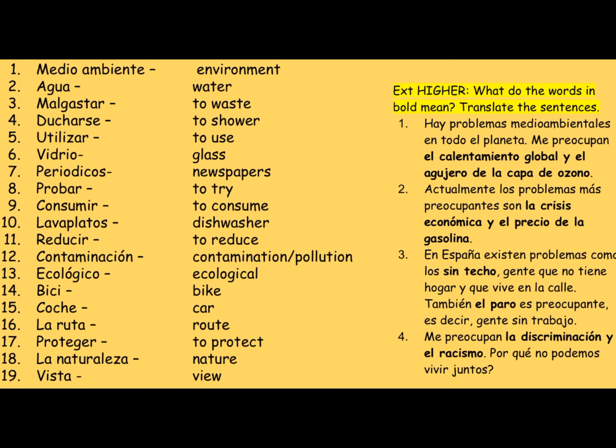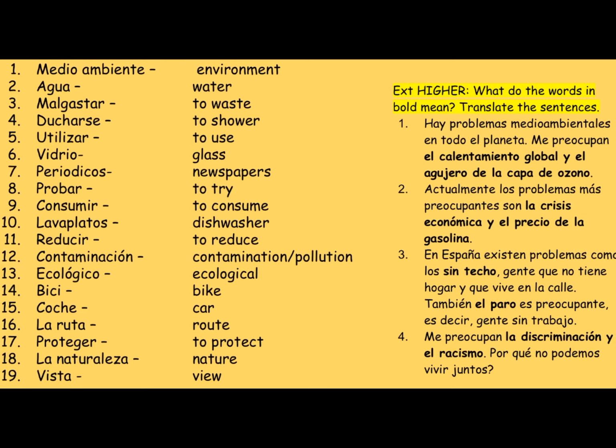Utilizar, to use, vidrio is glass, periódicos is newspapers, probar, to try, consumir is to consume, lavaplatos is dishwasher, reducir is to reduce, contaminación, contamination or pollution, ecológico, ecological, bici, bike, coche, car, la ruta is route, proteger, to protect, la naturaleza, nature, and vista is view. So loads of really good words there that we're going to use this lesson.